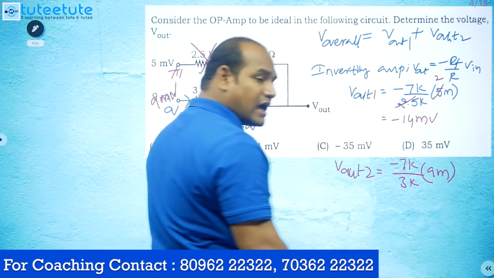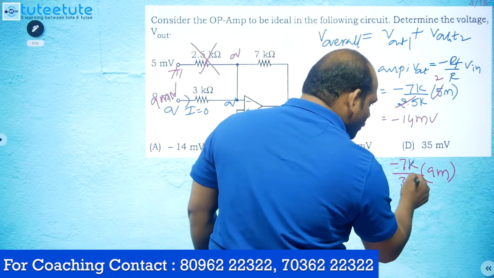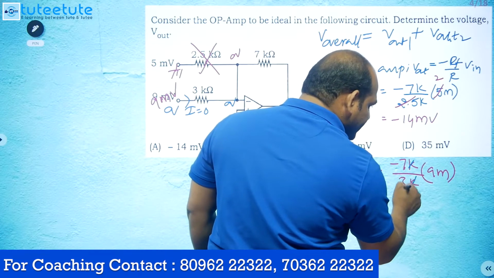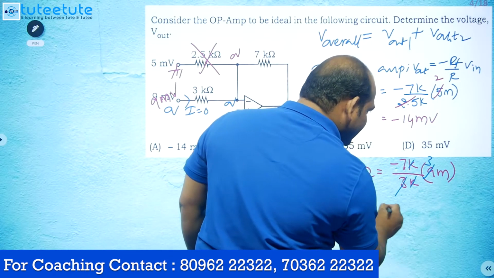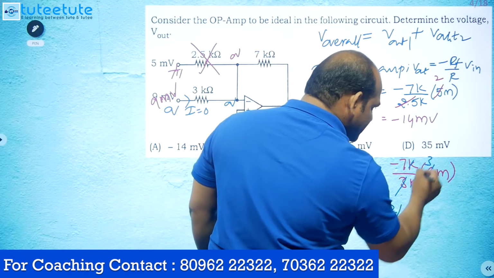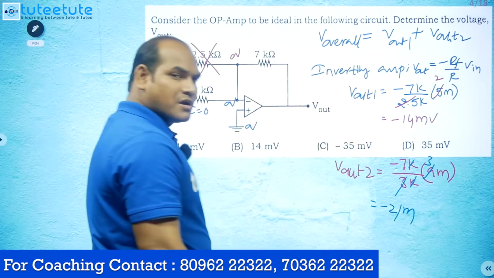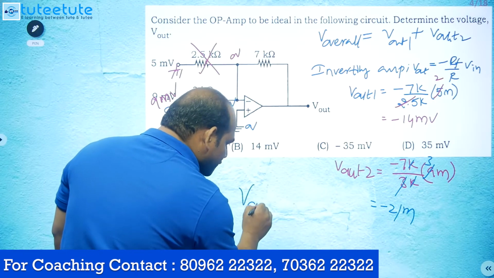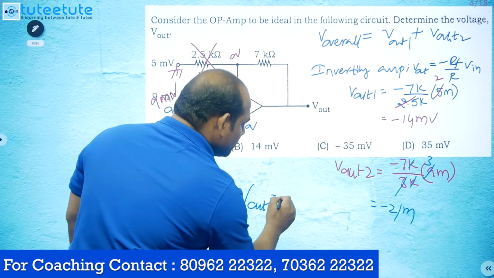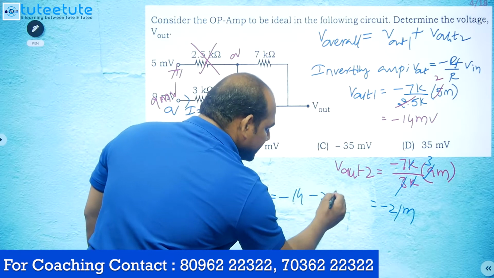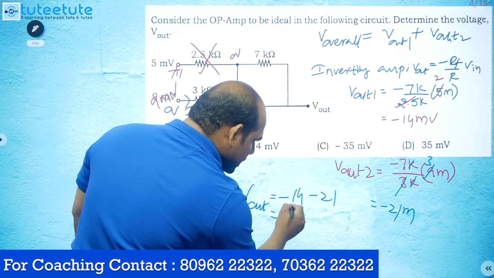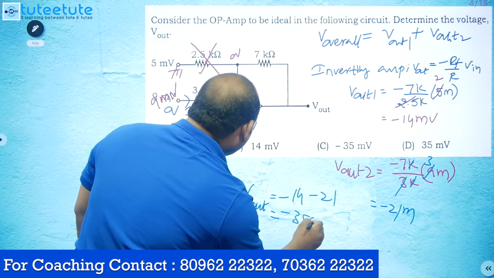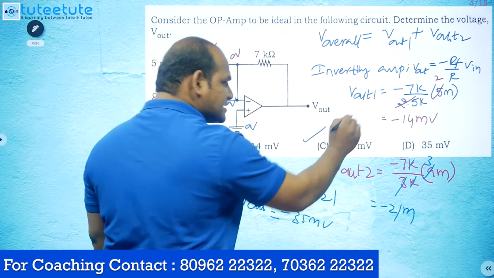In this manner we write it. The kilo ohm will be cancelled, 3 threes are 9, so you get minus 21, 7 threes are 21 millivolts. So this is V out 2, this is V out 1. The total V out is equal to minus 14 minus 21, that is equal to minus 35 millivolts. So this is the answer.